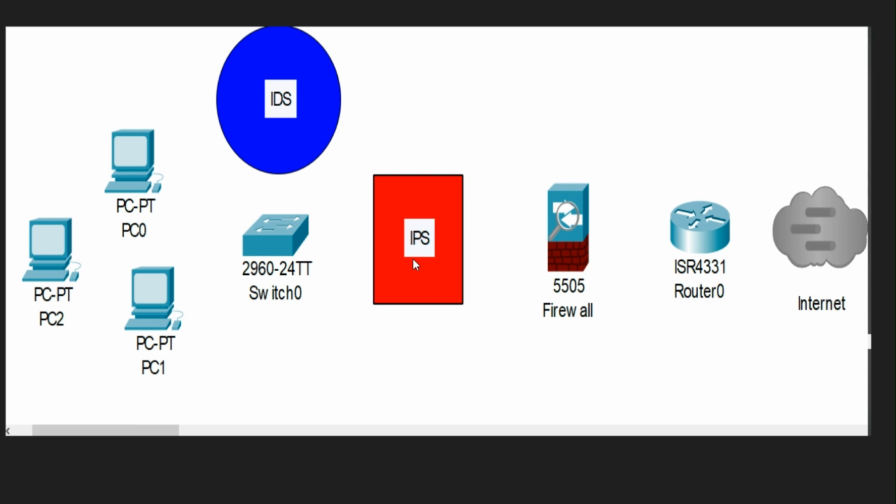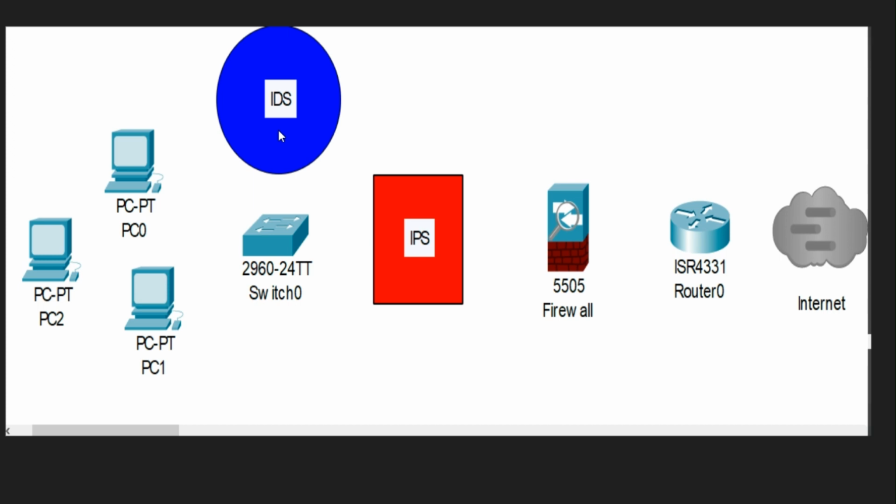This is a little silly, but it has really helped me. When I think of where you put your IPS, you put it in the pipeline: your internet, router, firewall, and your IPS. And that leaves, by logical terms, your IDS left over off to the side.